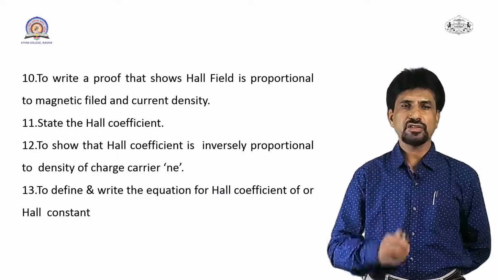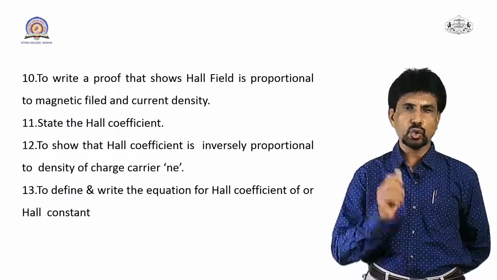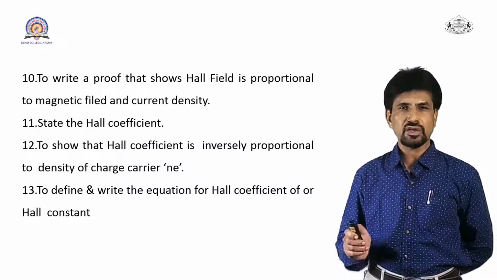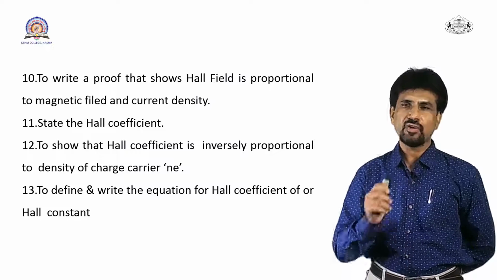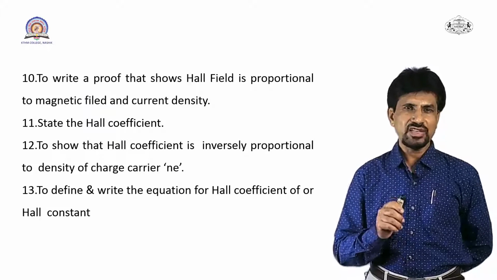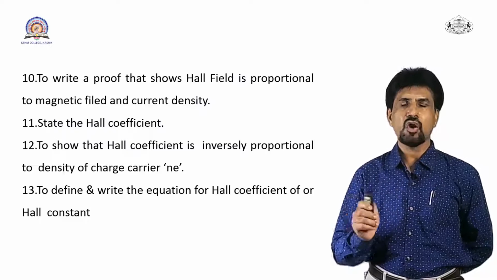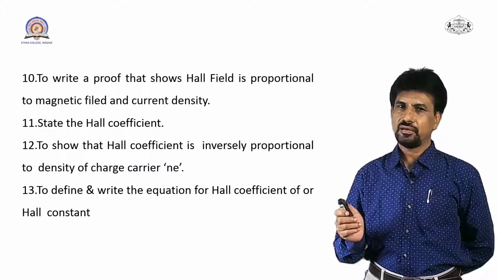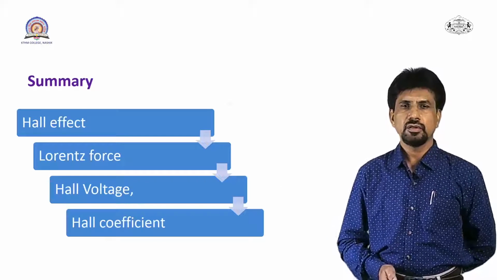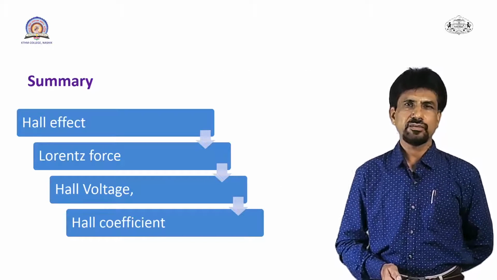This total assignment is based on the topics I have taken, that is, the Hall effect, the Hall coefficient, the mobility and the Hall angle. Friends, in this lecture, what have we seen?